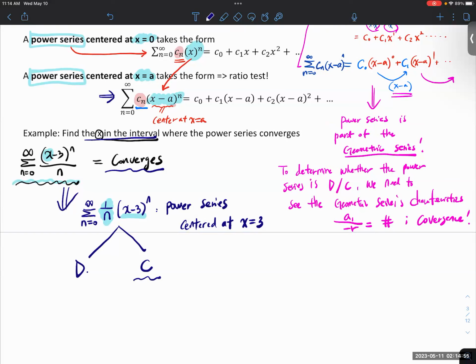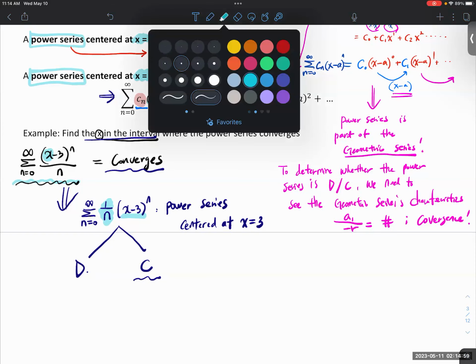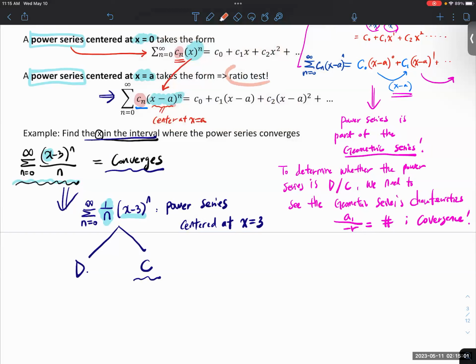And then here is the key point. For a power series, you always consider using the ratio test. This is an important thing because we learned so many different tests in chapter 5 to determine whether a series is convergent or divergent. So for a power series, you're going to think about the ratio test.